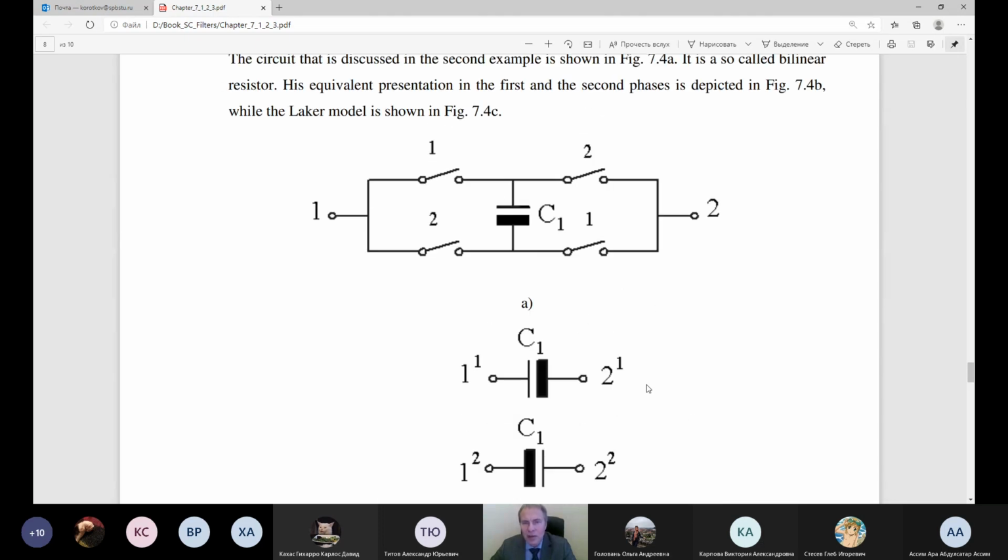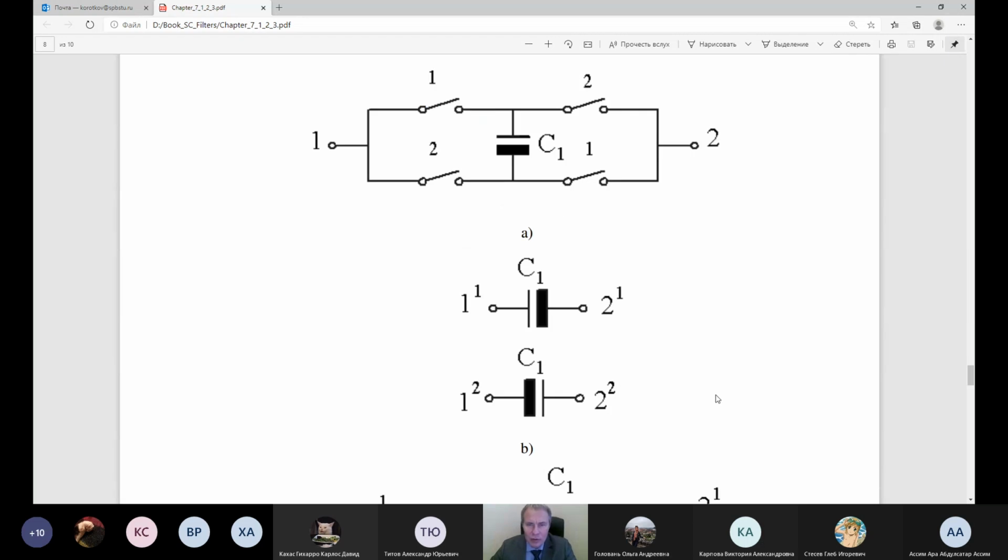It is interesting to say that this circuit was first introduced by Professor Maxwell, as I remember in 1871 or 73, something like that. And after 100 years, the circuit was practically used, if we are talking about the switch capacitor.